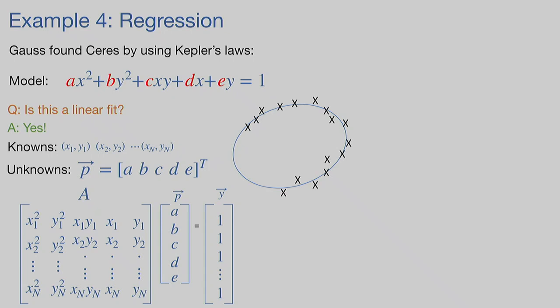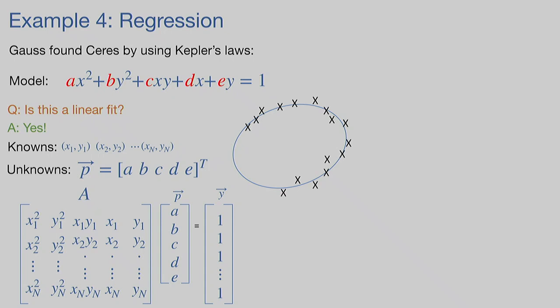Okay, so last time we did a few things. We gave some examples. I gave you the case of linear regression. And then I said, what about how Gauss was able to find where Ceres, a dwarf planet, is. Basically it was known that planets move in an ellipse. And so an ellipse can be parameterized by a few parameters.